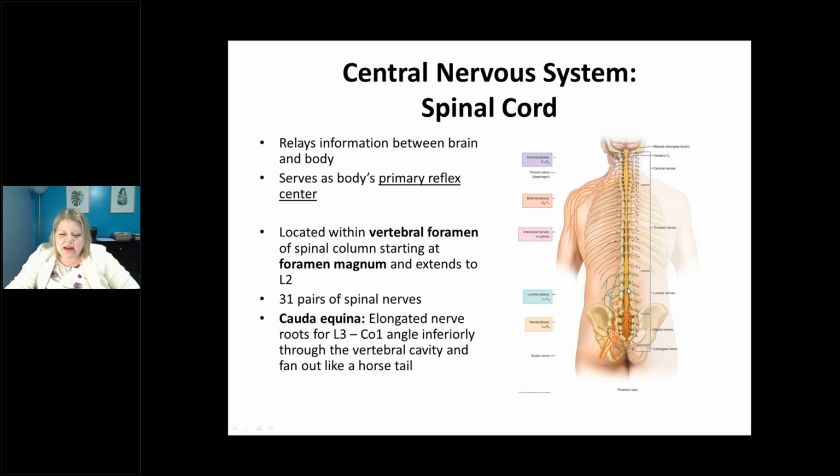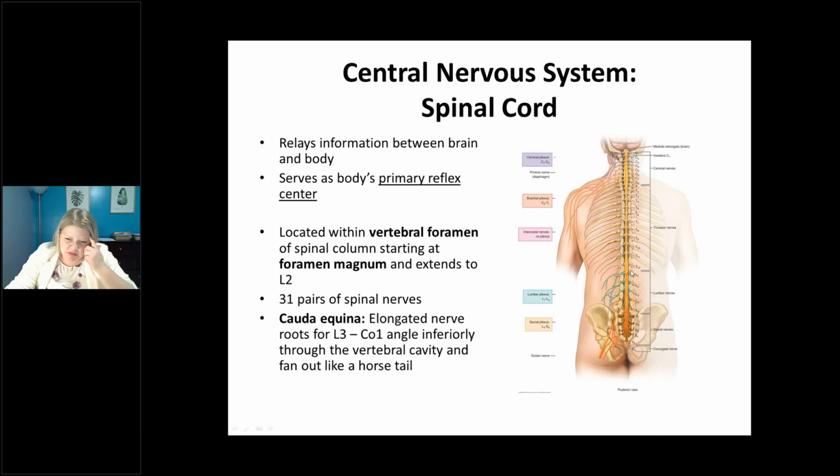At every vertebral foramen there is a segment which releases a spinal nerve, and there are 31 pairs of spinal nerves. We did talk about that already. And then at L2, we have the cauda equina, which is the elongated nerve roots of L3 to the coccygeal nerve that angle inferiorly and appear like a horsetail.